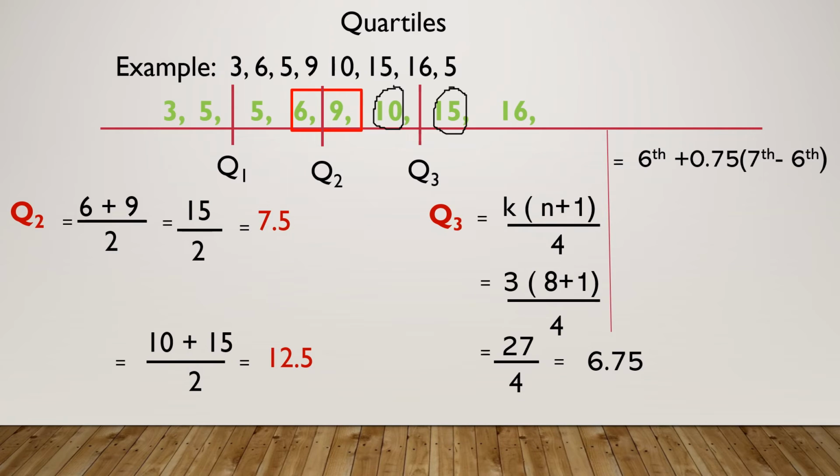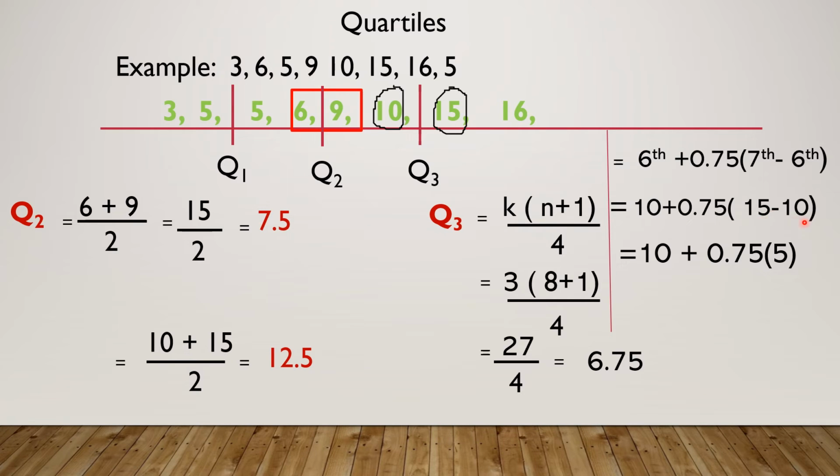What is the sixth place? The sixth place is 10. Because 1, 2, 3, 4, 5, 6. So 10. Okay, so 10 plus 0.75, and the difference between 15 and 10 is 5. So that is now equal to 10 plus 0.75 times 5.